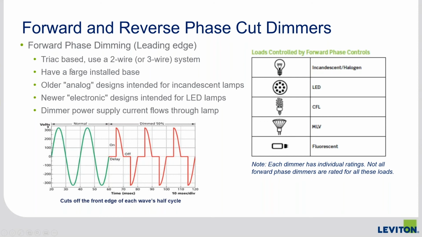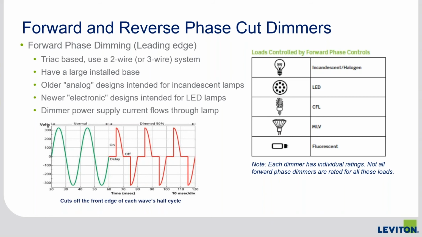Now, forward phase controls are always used in 2-wire dimmers. Sometimes they're also used in 3-wire dimmers based on the application. For sure, they have the largest install base because of all the incandescent controls and because of all these 2-wire LED controls.